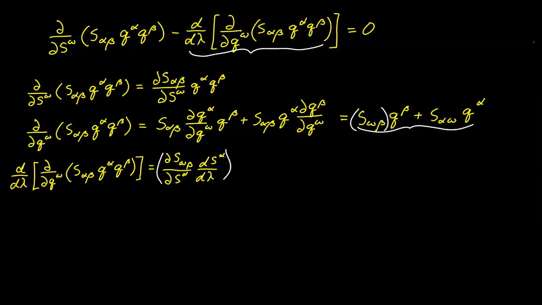So of course we have the last factor q left over here that we have to include. So this is q beta. And then we're going to complete the product rule here. So we've got s omega beta times the derivative of q beta with respect to lambda. And of course I can deal with the second term here in exactly the same way.